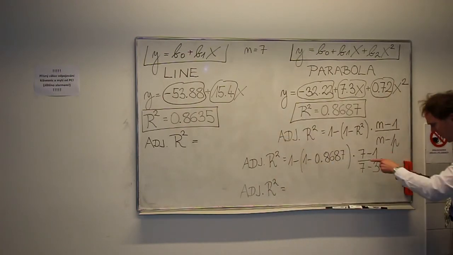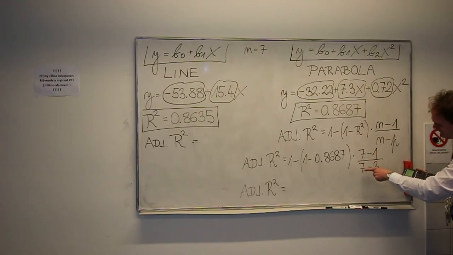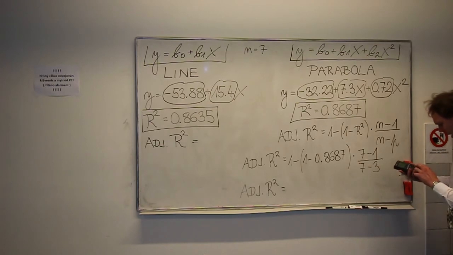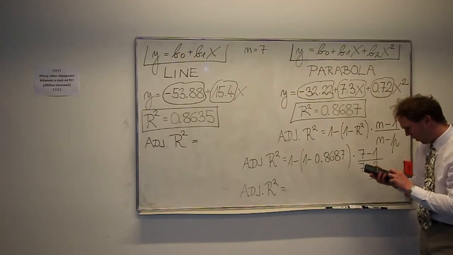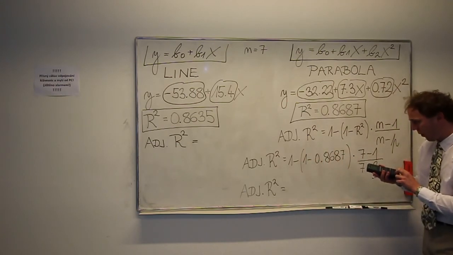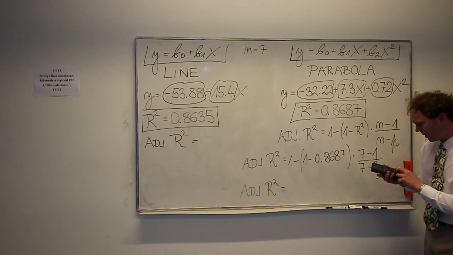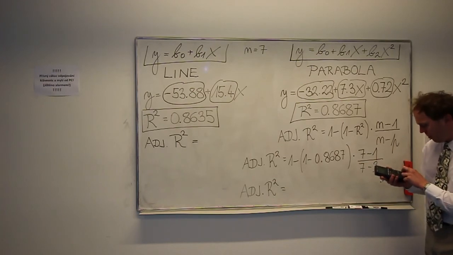Okay, 7 minus 1 is 6. 6 divided by 4, times 1 minus 0.8687, and 1 minus this result.